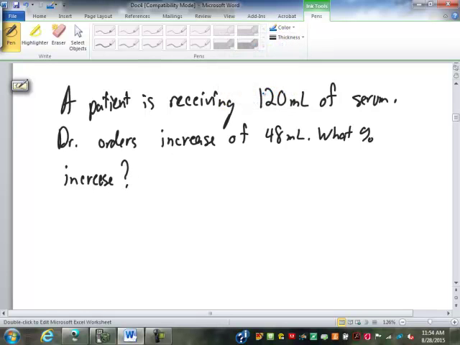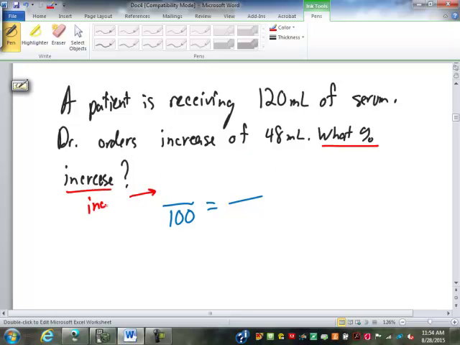So again, we're looking for a percent here. We know something's going to be out of 100. Are we given the percent? No. So we're going to leave that blank. We have to ask ourselves, though, if we had this percent here, what would it represent? Now, what percent of the increase?